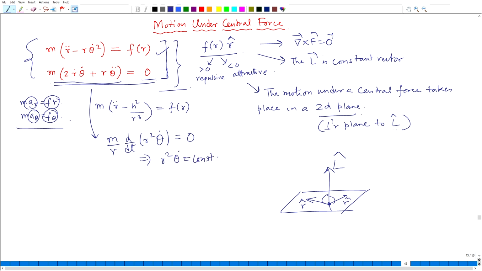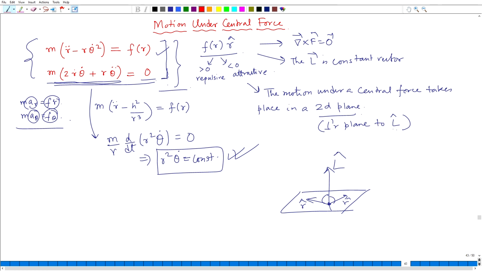However, if your motion is planar but the force is not central, then this conserved quantity is not guaranteed, because this one will not be equal to 0. Here I am just putting this equal to 0, so that we retain our case of central force.